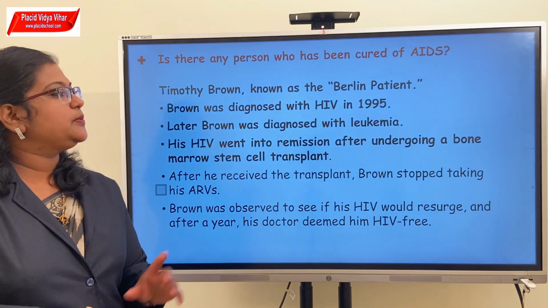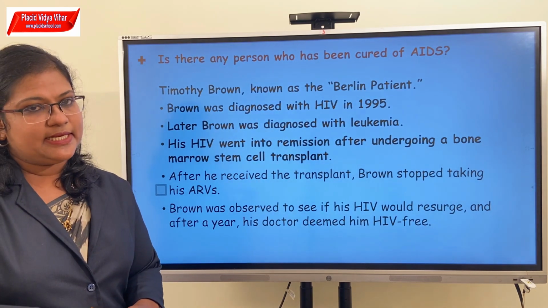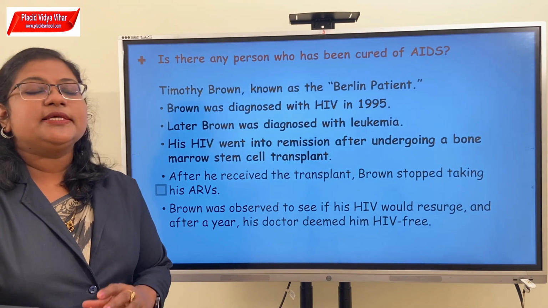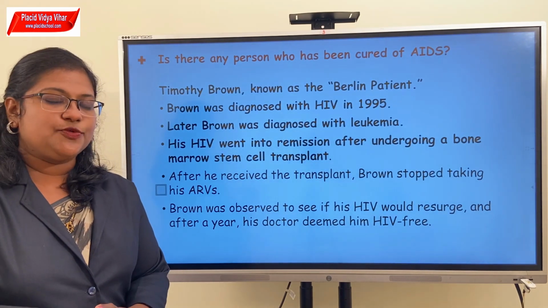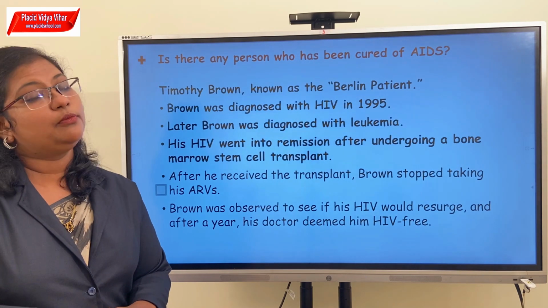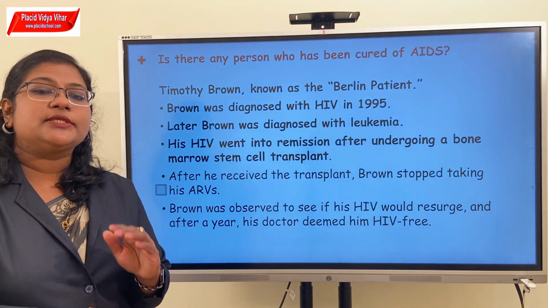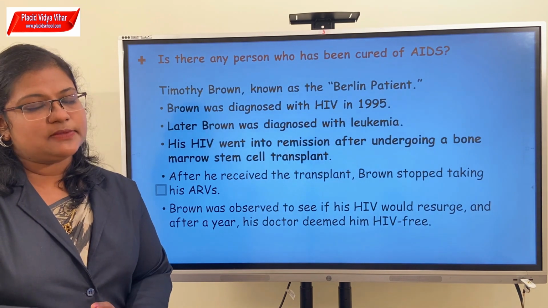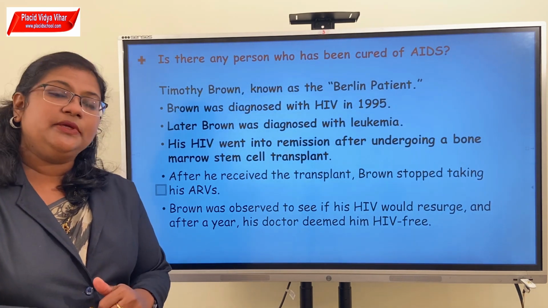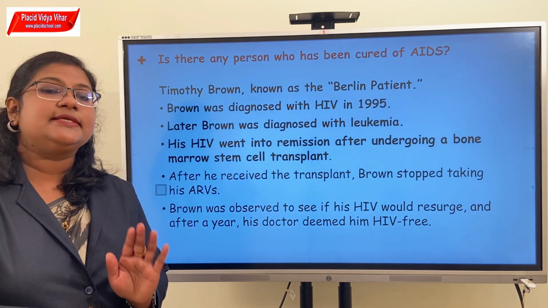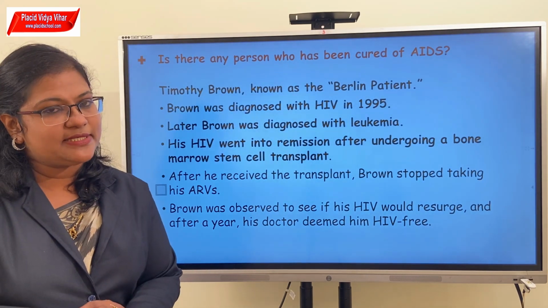He was diagnosed with AIDS in the year 1995 and he also had leukemia. So his doctor, as a part of the research work, suggested that he undergo bone marrow transplantation, and a donor was to be selected for it. The doctor told him to try to look for a donor with mutation in the CCR5. You know the significance of CCR5, isn't it?